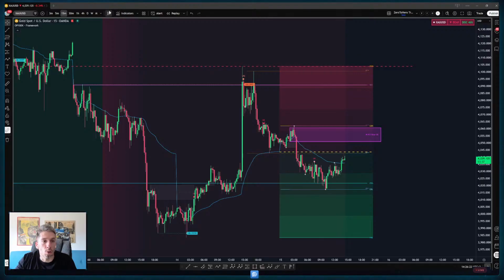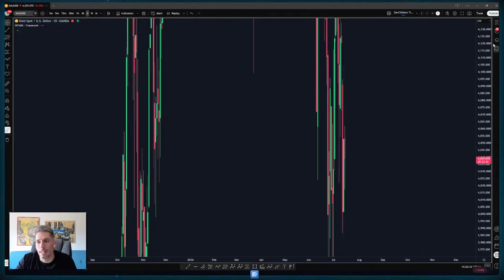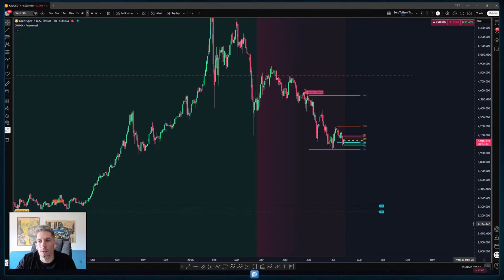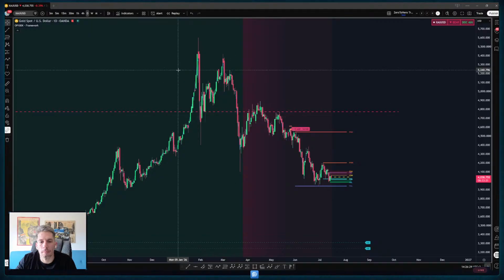Gold. Gold is crazy. If we go on the higher time frame, definitely we return to that bearish cycle. But gold is a pair that's a little bit different in terms of trading compared to other instruments. Gold has a trend that changes seasonally, and there is a reason why.